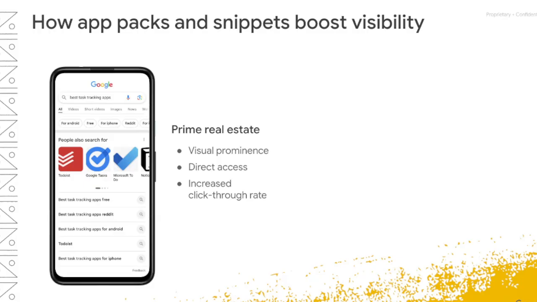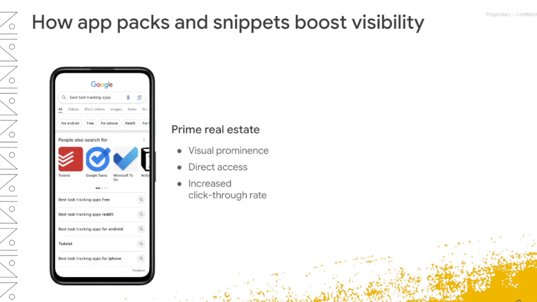So when it comes to the app pack specifically, app packs allow the app to have prime real estate. So it's visually prominent. As you can see, the app pack is there, it's visual, it's big, it's a carousel. So when the search engine results appear, an app pack showcases the relevant productivity apps.